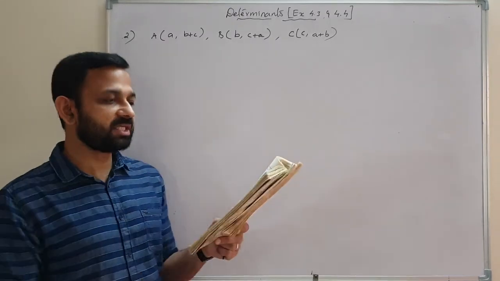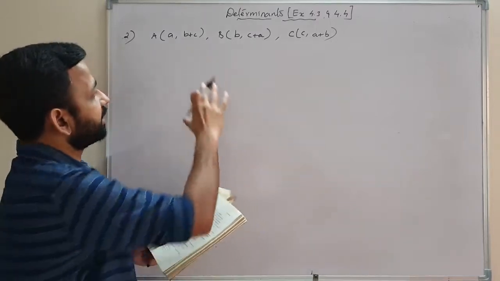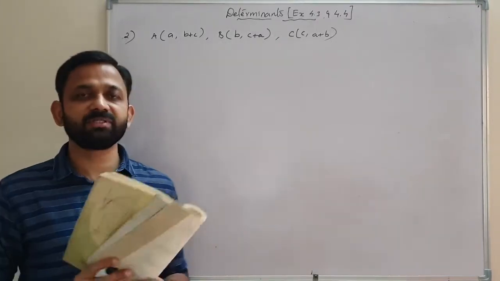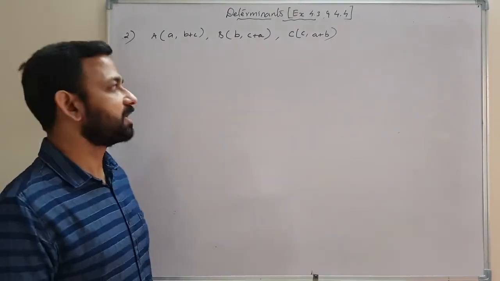We need to show that these 3 points are collinear. So here we are going to find the area of the triangle formed by those 3 points. If that area is equal to 0, then we can say that the 3 points are collinear.